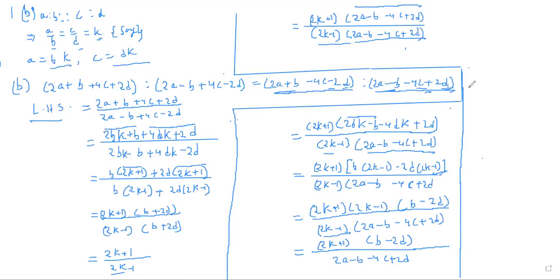we use the product in the numerator. Denominator is already there, so we write it as it is and expand the brackets.